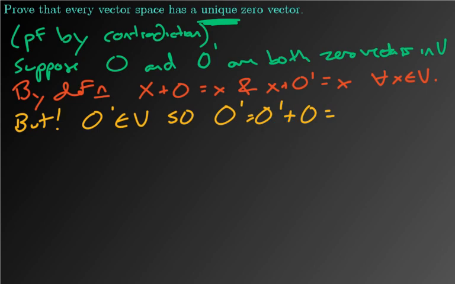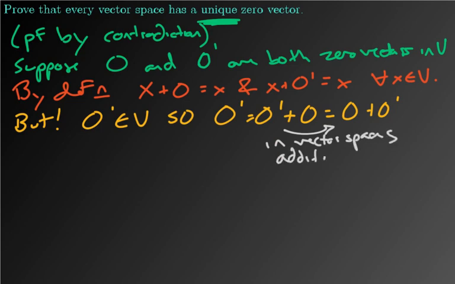So basically I can switch things around, 0 plus 0 prime. This is just because in vector spaces, addition, and don't think of that addition as the one that you're used to, it can be all sorts of different things, is commutative.